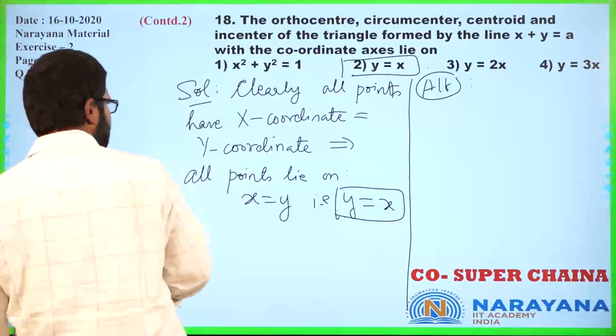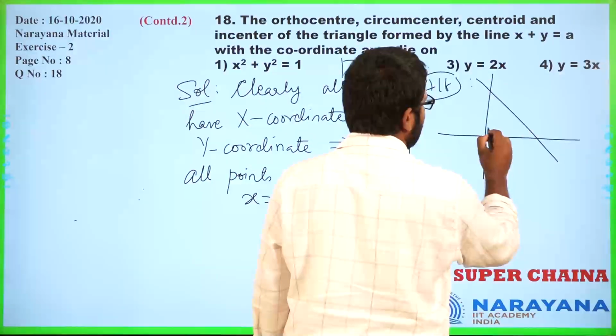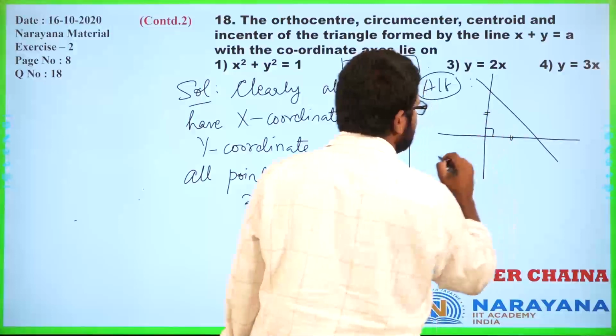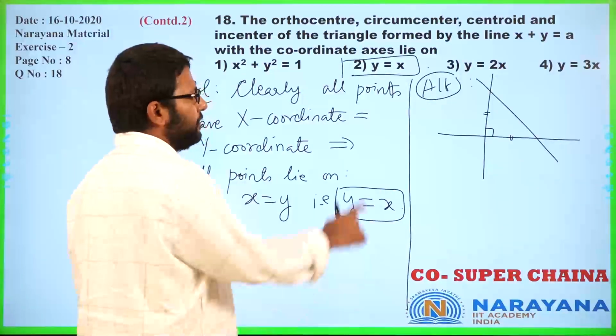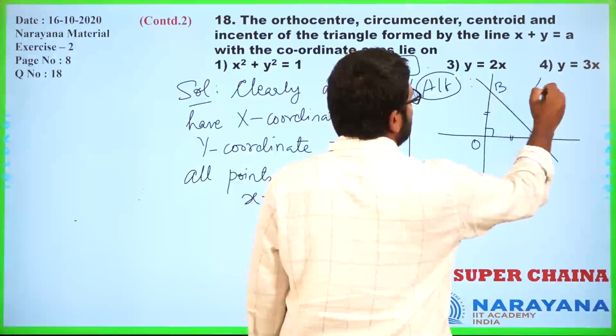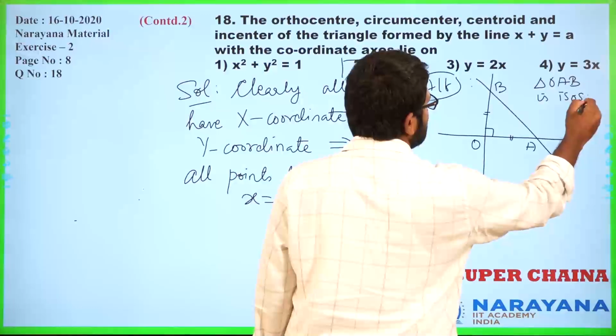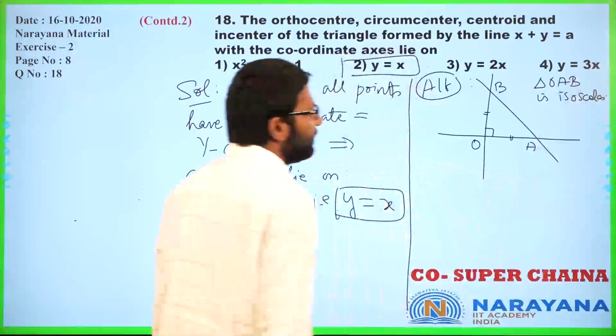Completely based on diagram. We know that this triangle looks like this, where this is the right angle and these two sides are equal. Now triangle OAB is isosceles, right?